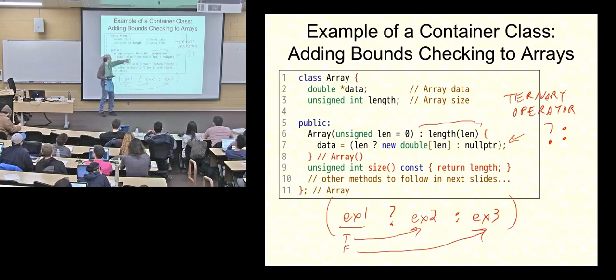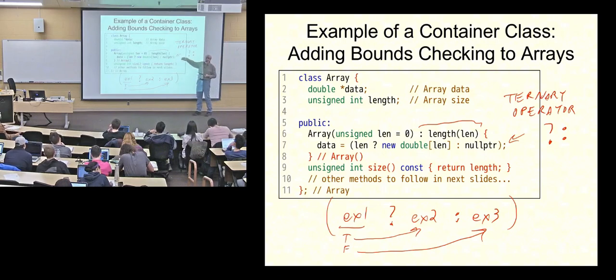So if length is non-zero, set data equal to a block of memory of that length. Otherwise, else, set data equal to null pointer. So we could replace this line with 4 lines of code. If length is greater than 0, set data equal to new length of double, else set data equal to null pointer. So I can replace line 7 with 4 lines of code, but ternary operator makes it shorter.